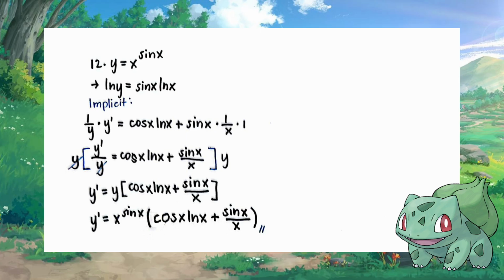And y prime is equal to y times cosine x ln of x plus sine x over x. Then we will substitute the value of y, which is the given x raised to sine of x. Now the final answer will be y prime is equal to x raised to sine of x times cosine x ln of x plus sine x over x.